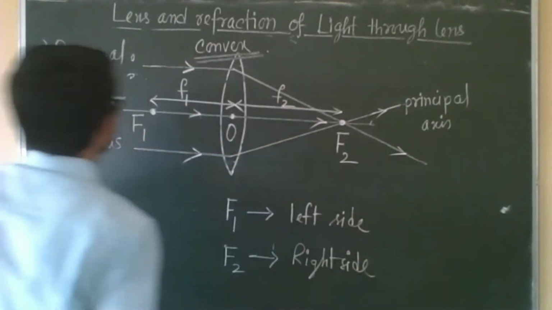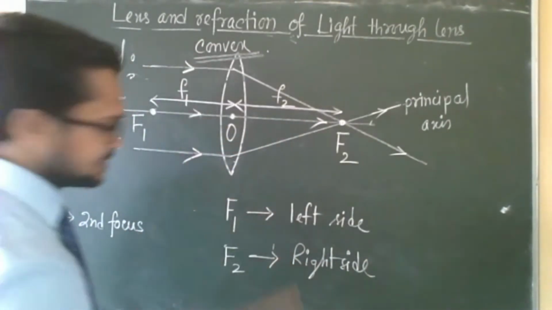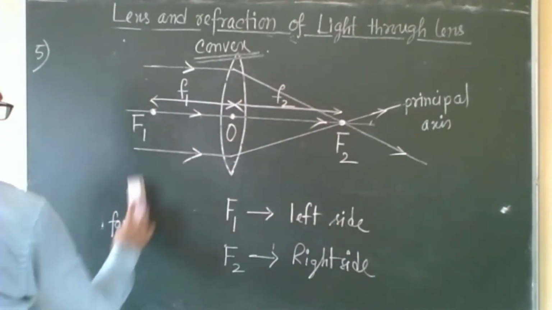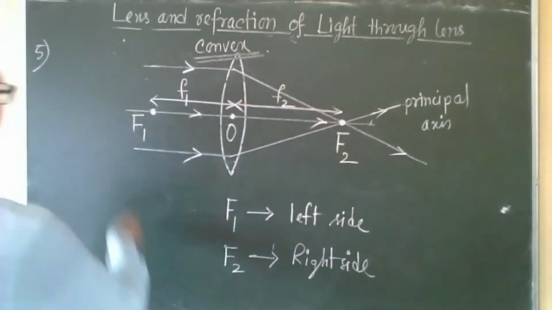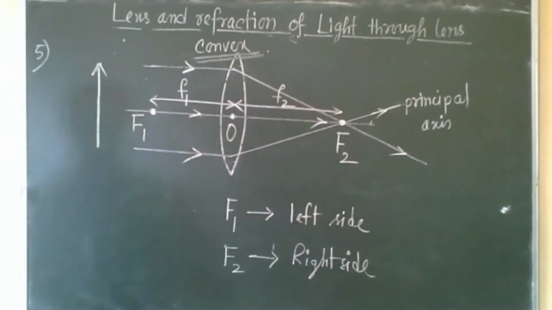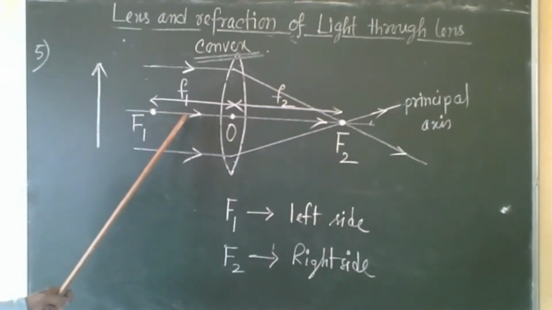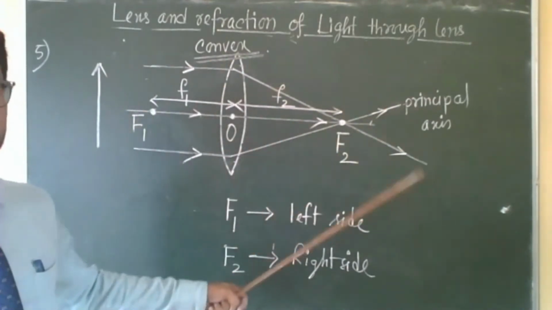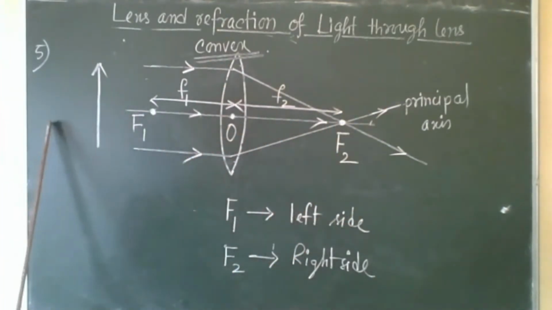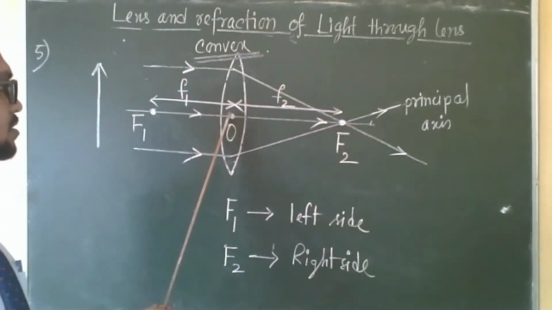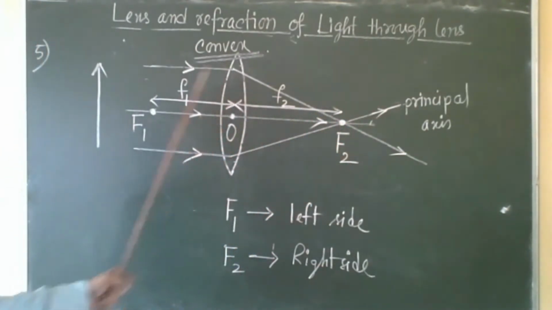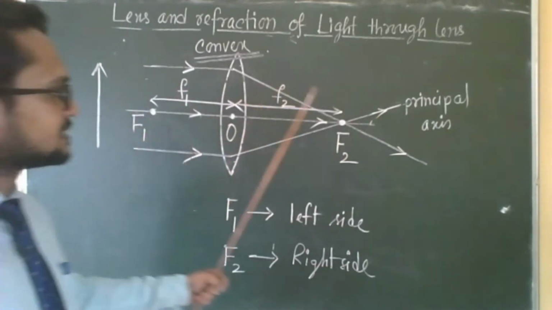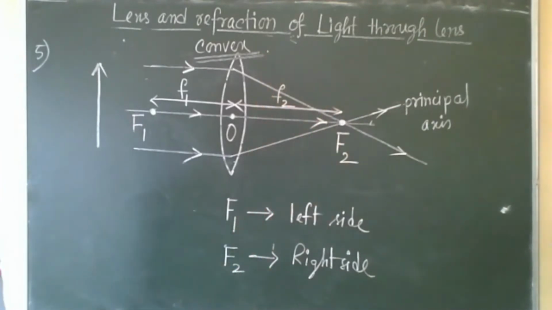That means if there is one object on the left side, because light is coming from the left side, then the first focus will lie on the same side as the object, and the second focus will lie on the other side, to the right side of this lens. So the object and first focus are on the same side, and the second focus is on the opposite side.